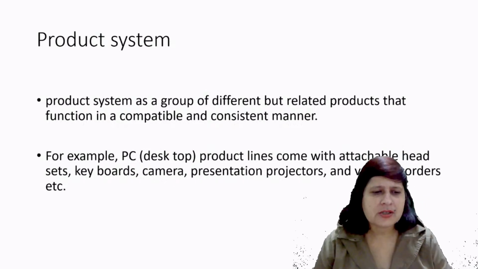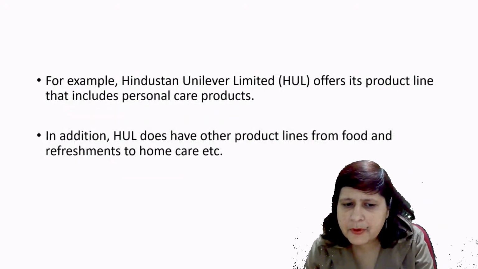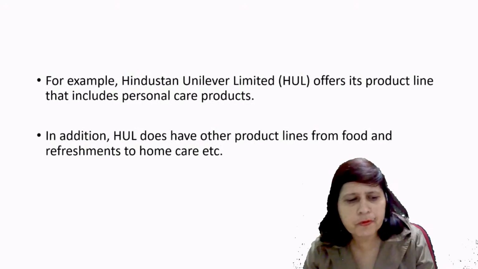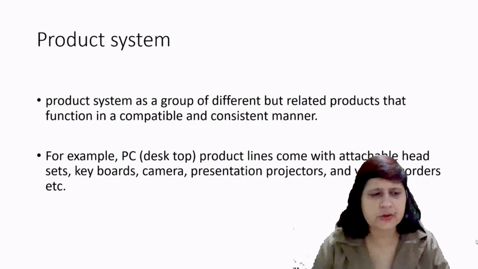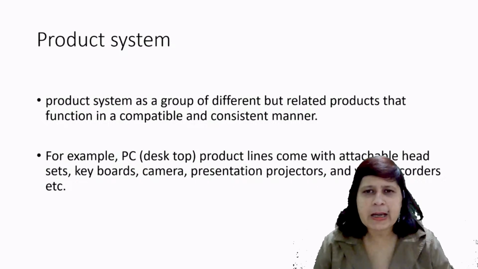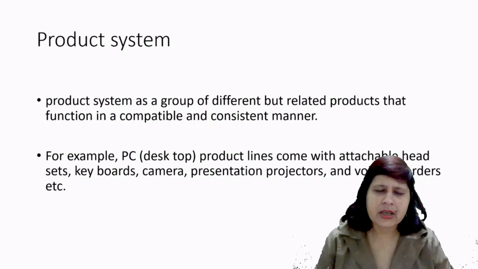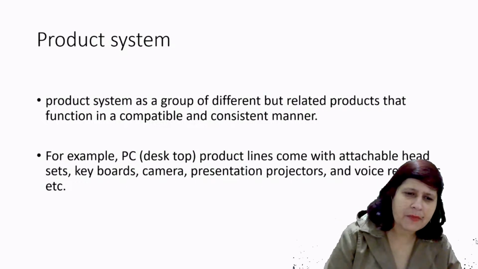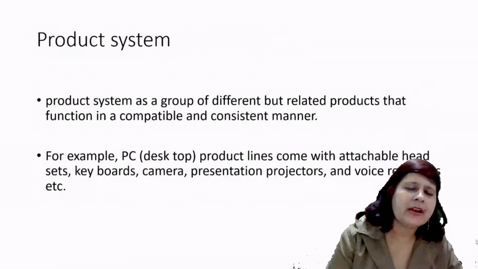For example, HUL offers personal care products and other product lines from food and refreshment and home care, right? What is a product system? A product system is a group of different but related products that function in a compatible and consistent manner. This product system is a group of different products but related. They are related to each other, and their function is compatible and consistent.